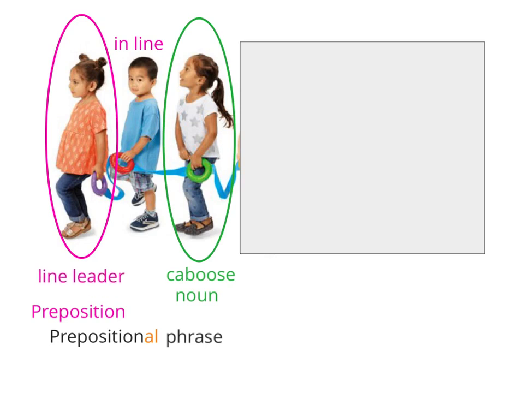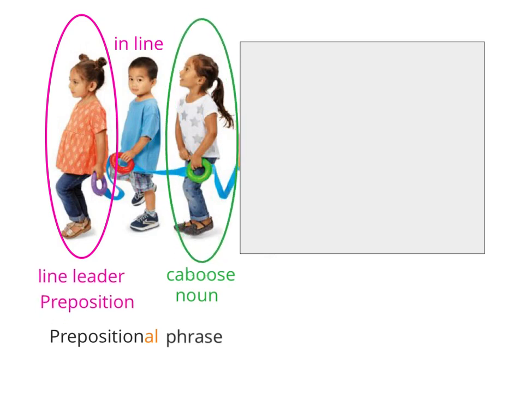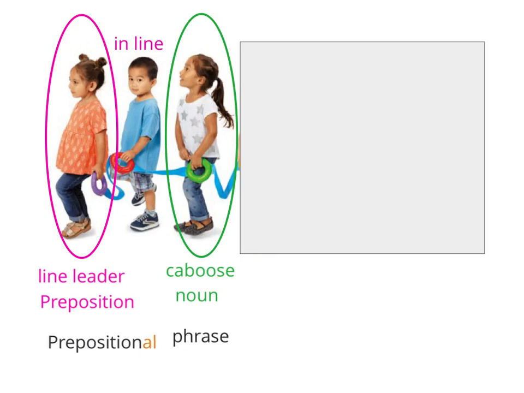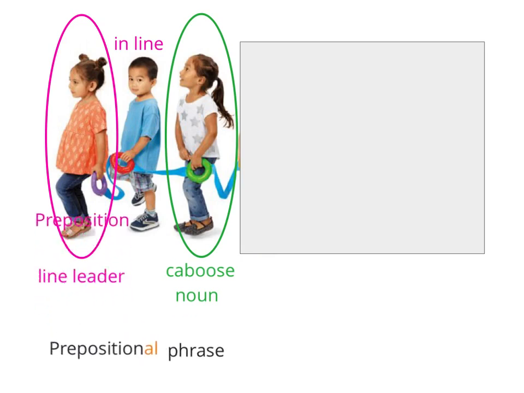She's number 1. And this girl at the end, I'm going to call her the caboose. She's coming last. In our prepositional phrase, the preposition is going to be the line leader. It will come first. The noun will be at the end of the phrase. That's the caboose.